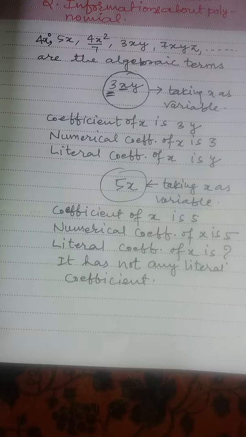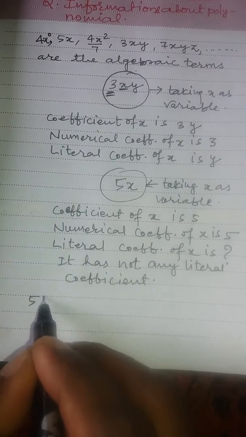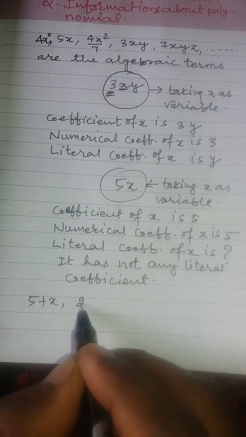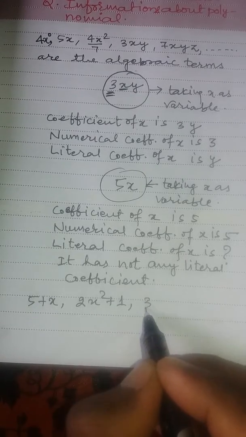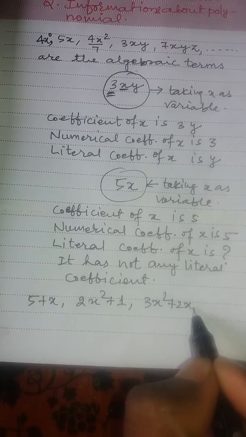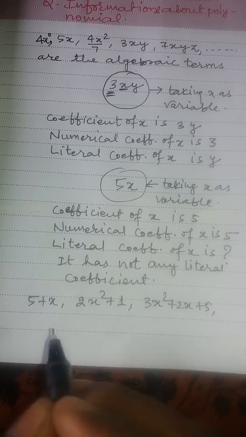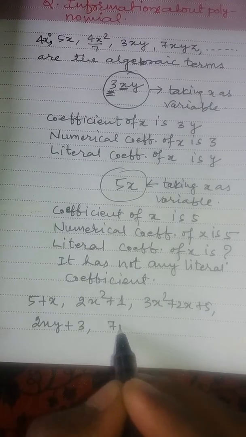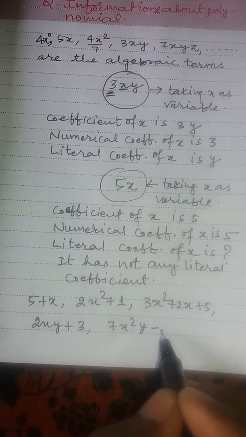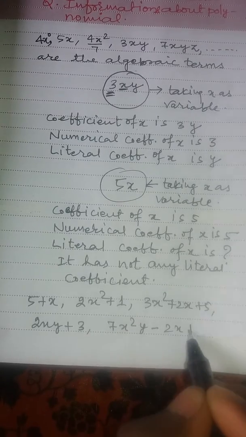Students, after this we will talk about expressions, when we combine two or more than two algebraic terms. For example, see here: 5 plus x, 2x square plus 1, 3x square plus 2x plus 5, 2xy plus 3, 7x square y minus 2x plus 5.